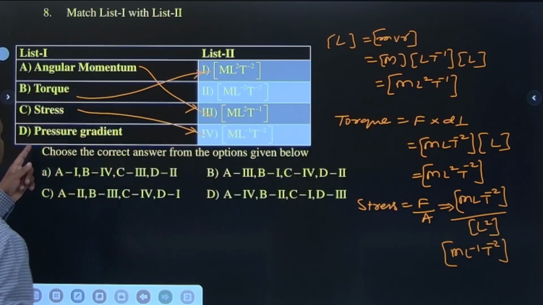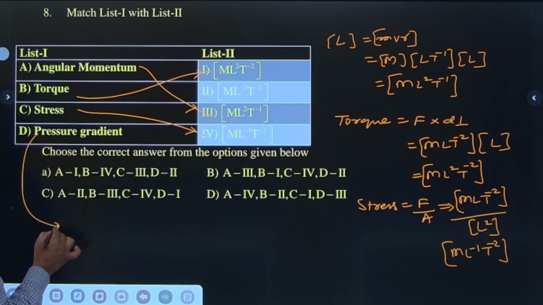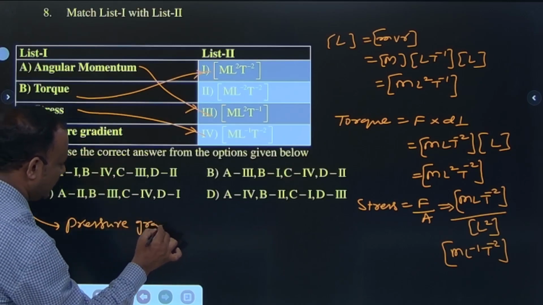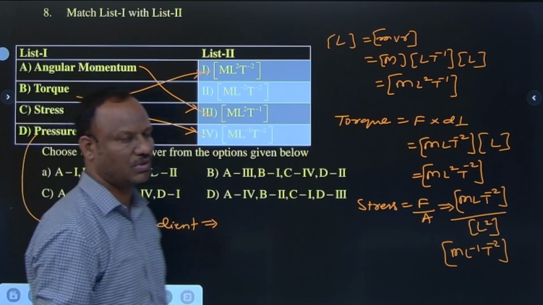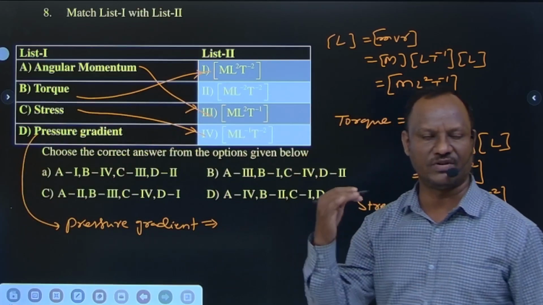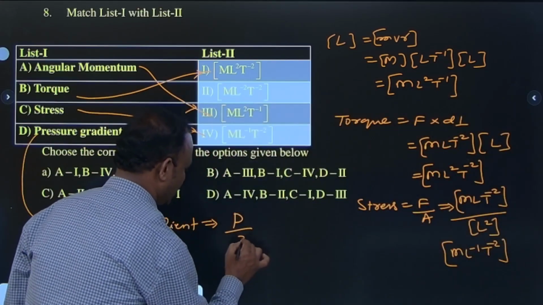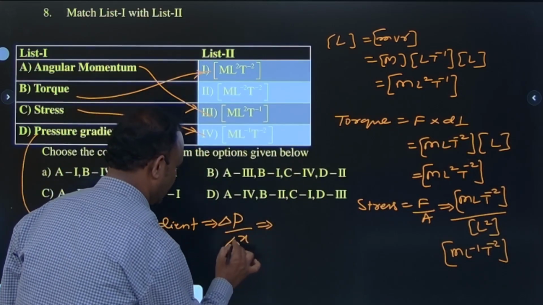Next one, pressure gradient. Gradient means divided by x. Time rate means divided by t. So pressure gradient is pressure per distance, delta P by delta X, for better understanding.